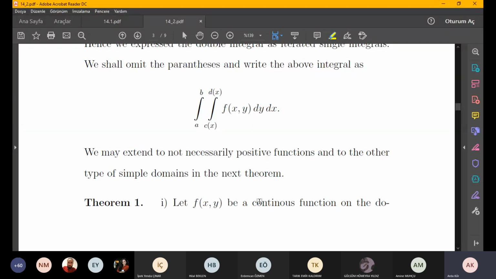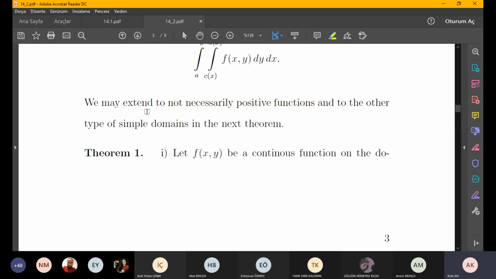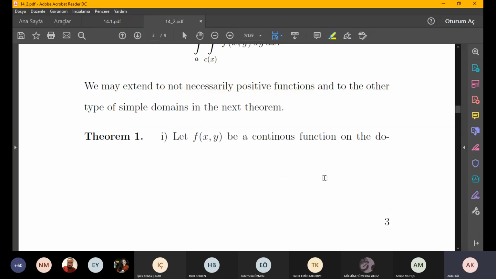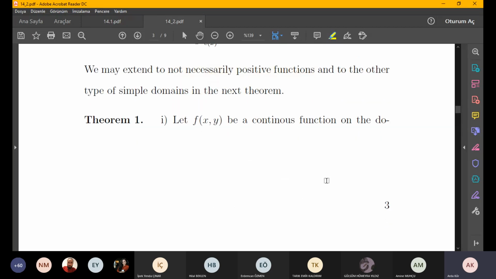And also we may extend that iteration for any function, so it does not need to be a positive function. If you have other types of simple domains, we can also extend that iteration. Let's see in that theorem how it will work.